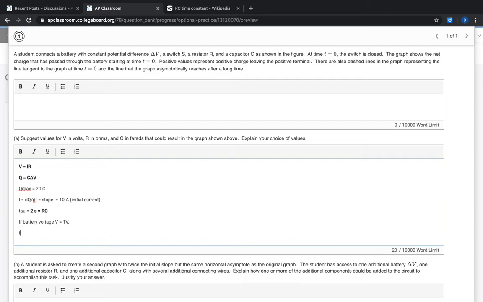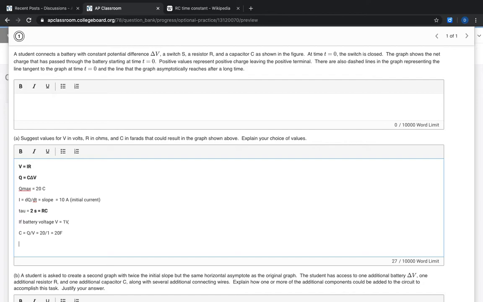So we can use that second equation and get the capacitance. Capacitance is equal to Q divided by the voltage, which is equal to 20 over 1. That's going to give us 20 farads if we assume that.